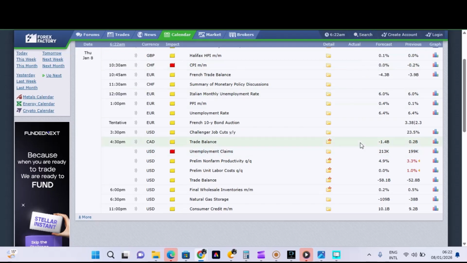So the actual data will tell us whether people unemployed in the US are more than 213K or less. If the actual data that comes out is less than this, that means the American economy is doing well. Few people are unemployed, so the spending power is high.